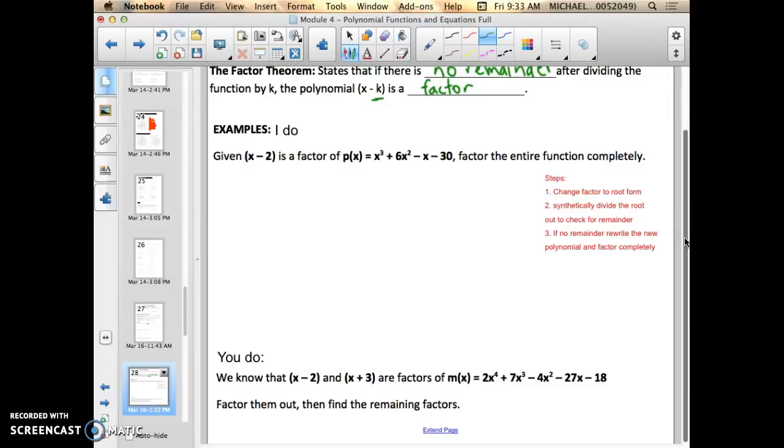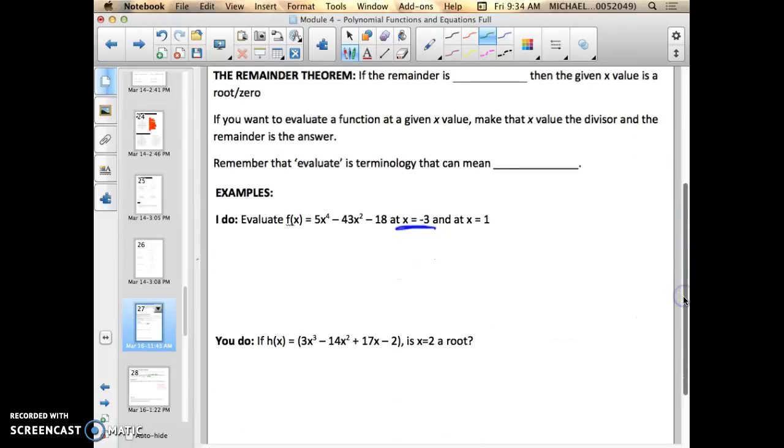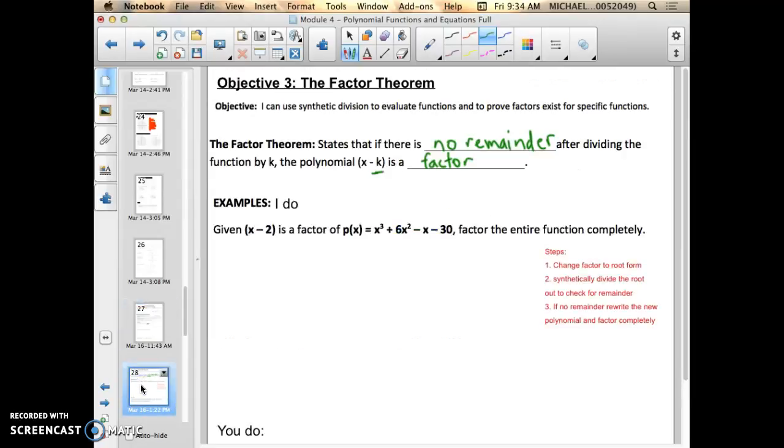And there's only one difference. It says given x minus 2, so it's giving us a factor instead of, as in the examples before, actual values like x equals -3. Now they're giving us a factor, and that should clue me that in order to use synthetic division, I can't use the factored form. I have to use the root form.